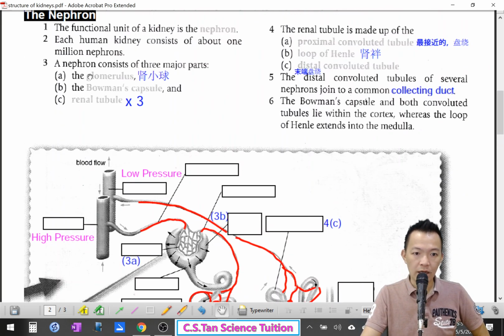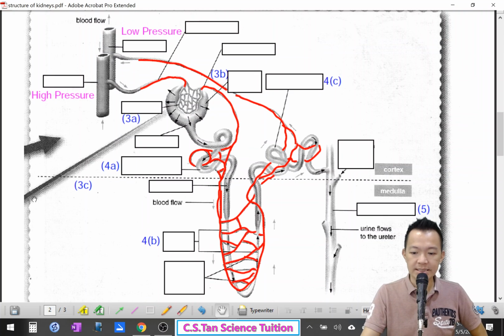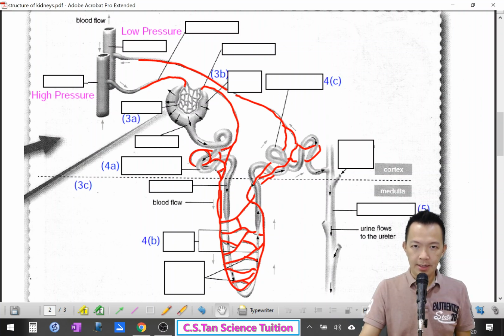So copy first before I start, 我没有开始之前你 copy first. Or maybe make the blood vessel red color first, using your highlight pen. Label it red color. Okay, start again.